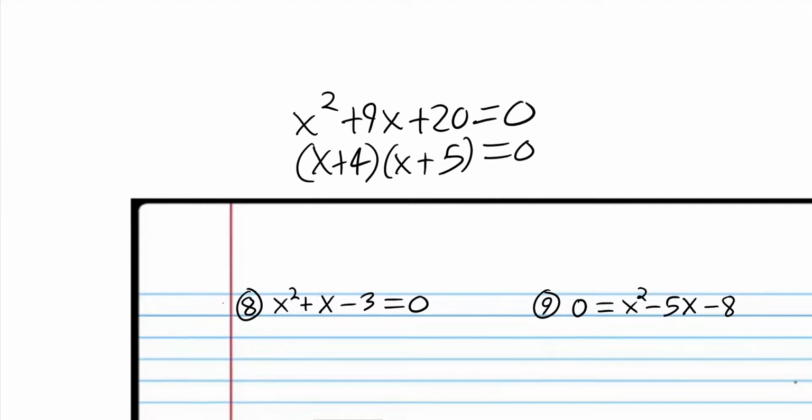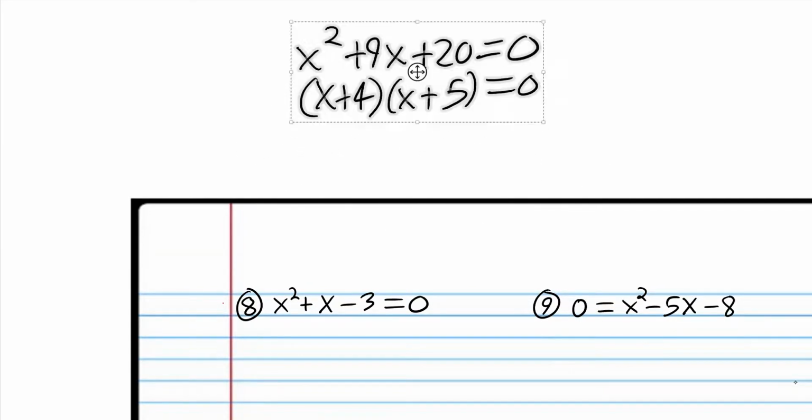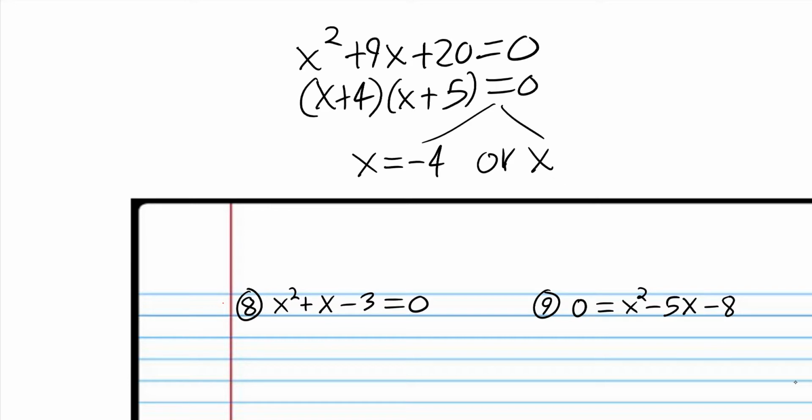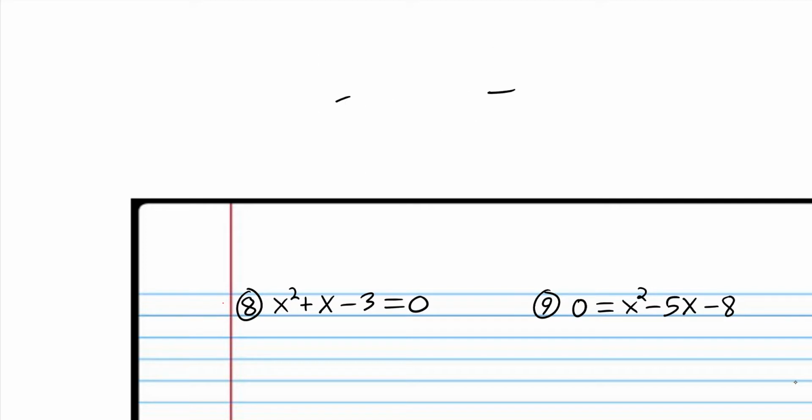So once we factor it, we can see what the solutions are going to be. x is equal to the opposite sign, -4, or x is equal to the opposite sign, -5. Whatever the signs are in here, the answers are going to be opposite. So that's the factoring method. The previous two problems we did, we can't use that method. It's not easily factored.